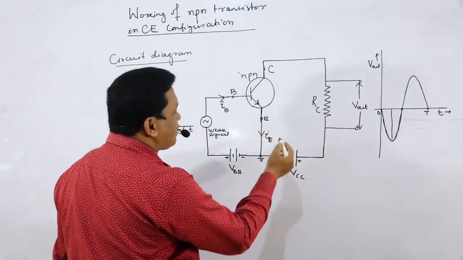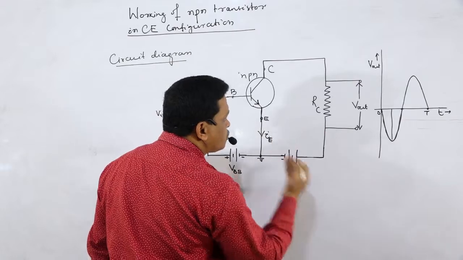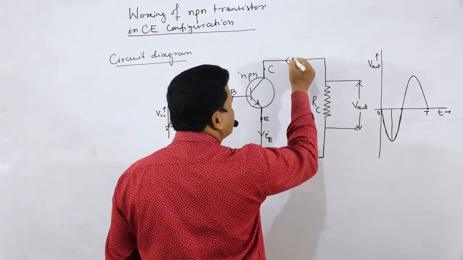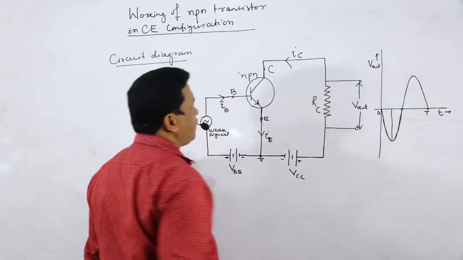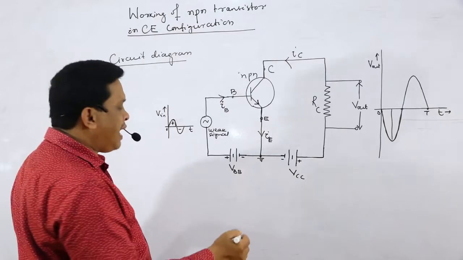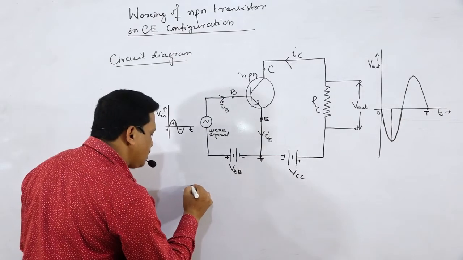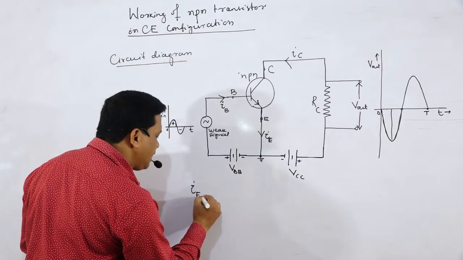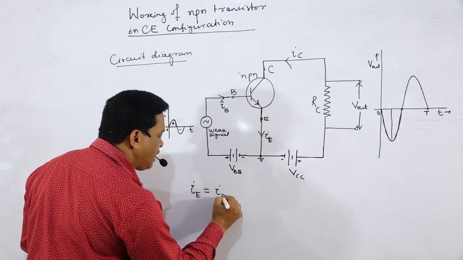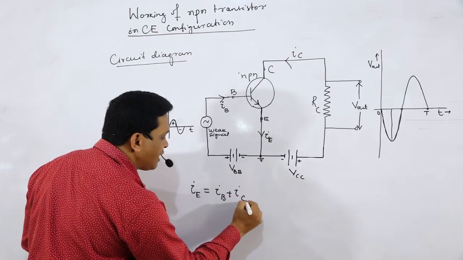And the collector current, here this side positive, so collector current is iC. So what you find is that the emitter current IE is equal to IB plus IC.